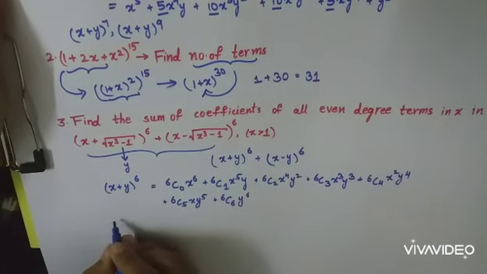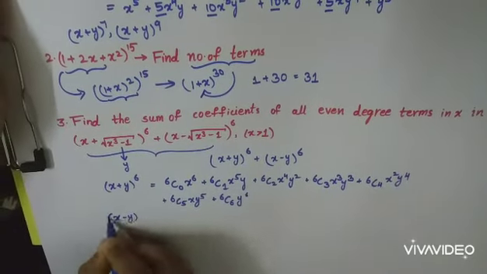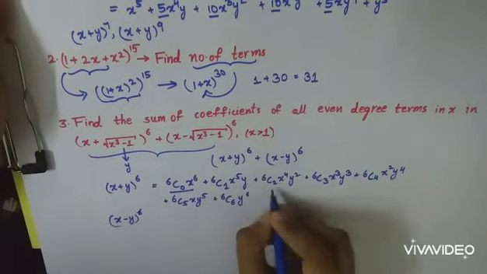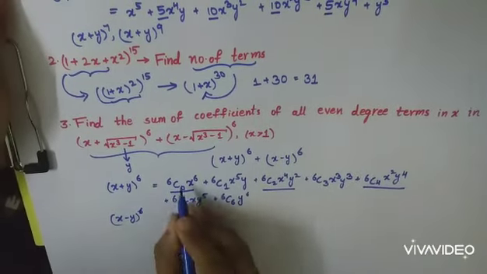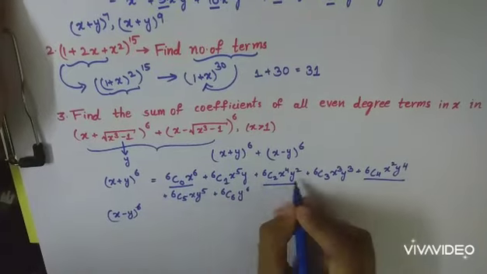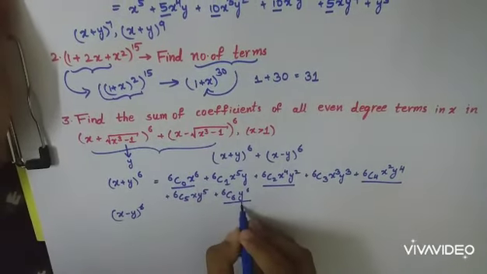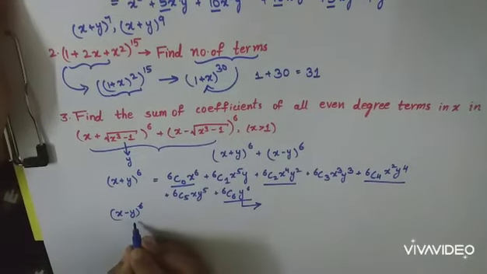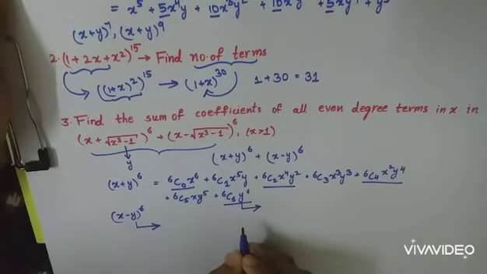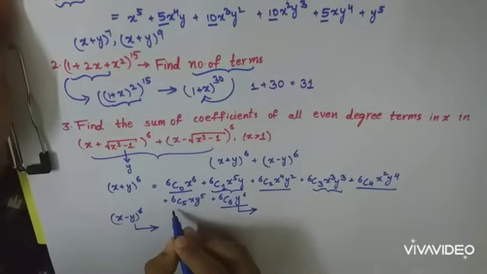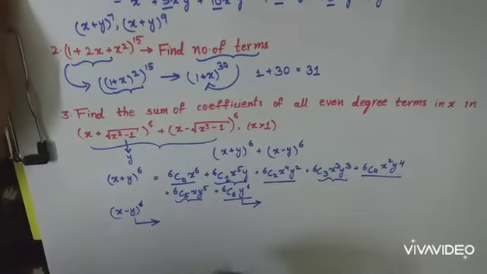Now if we solve for (x − y)^6, we observe that the terms with binomial coefficients 6C0, 6C2, 6C4 and 6C6, which have even powers of y, will remain the same in this expression, and the other terms will get the opposite sign.